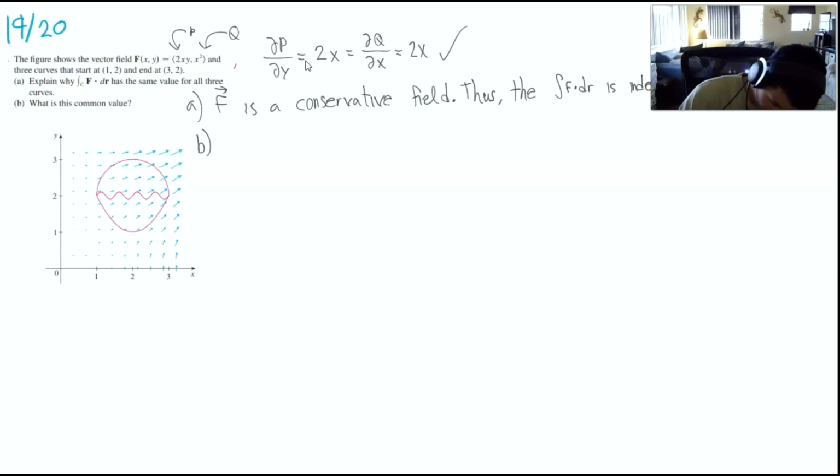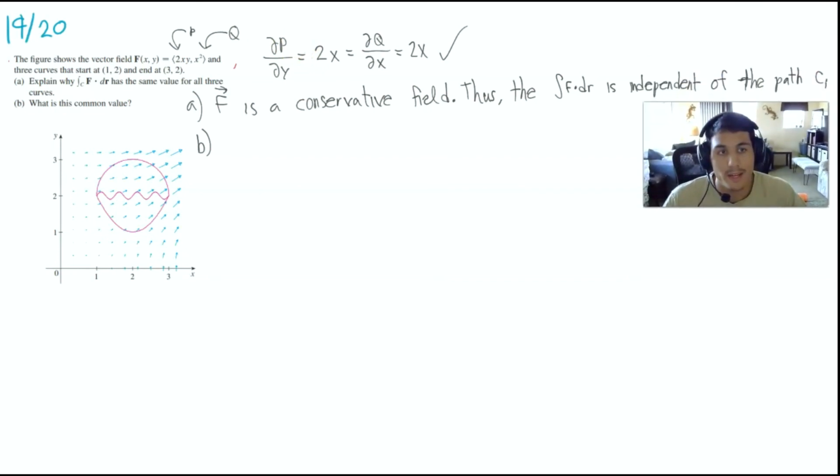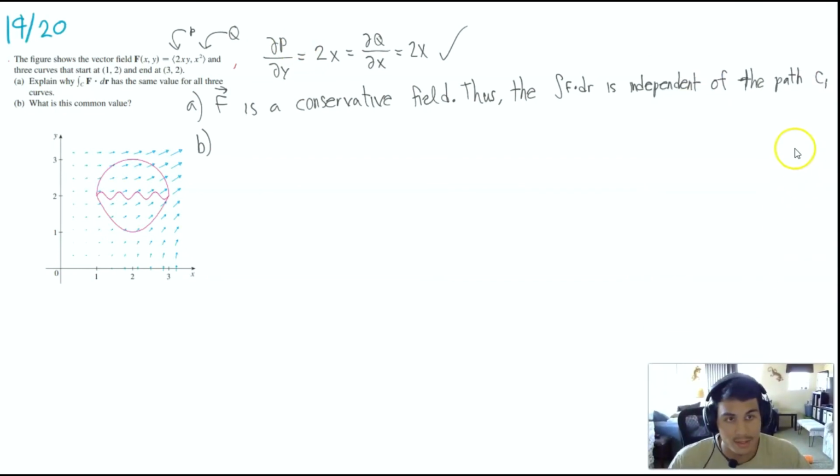Of the path Ci, so any path. Great, you guys can't even see what I was writing. Any path C. So F is a conservative field, thus F dot dr is independent of the path Ci. So if you guys see, there's path 1, there's path 2, there's path 3.